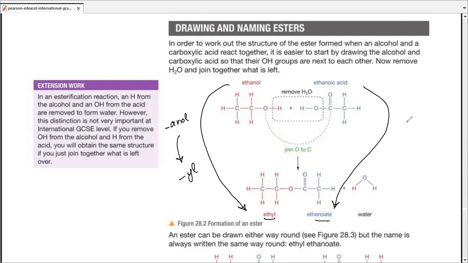And in a similar way, the acid has the suffix -oic acid, and you need to convert it into -oate. Ethanoic acid, ethanoate. If you understand these conversions of alcohol and carboxylic acid, you would always know how to come up with a name as well as how to draw the structure.